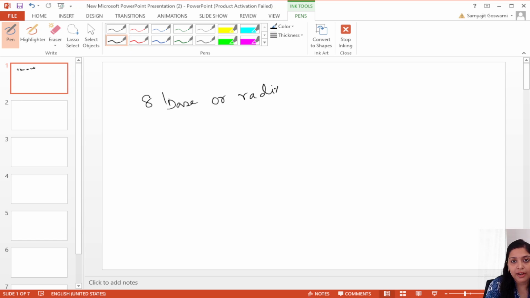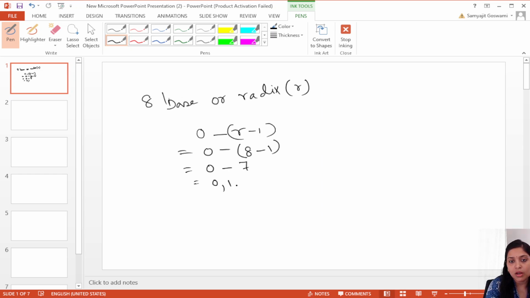Radix stands for R. There is one equation to calculate how many numbers there will be: 0 to R minus 1. As the base or radix is 8, 8 minus 1 gives 0 to 7. So the numbers will be 0, 1, 2, 3, 4, 5, 6 and 7, not 8.